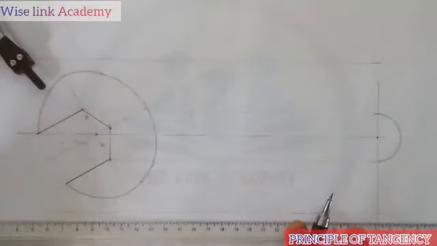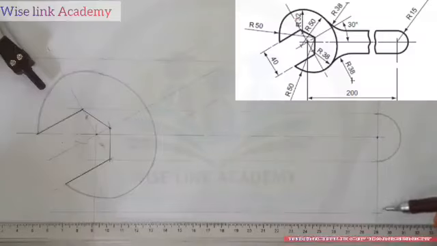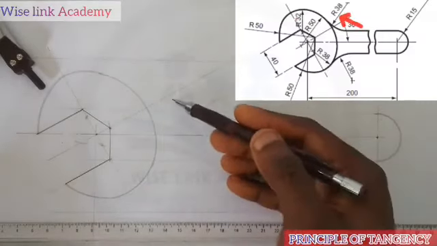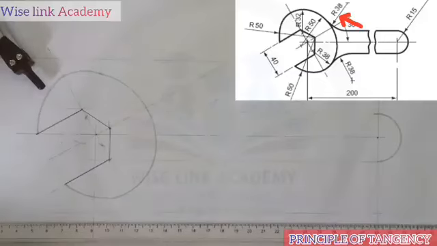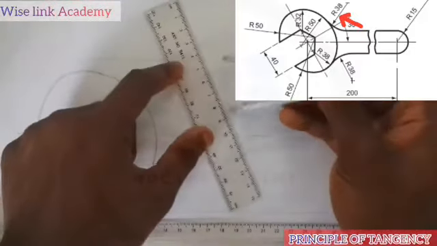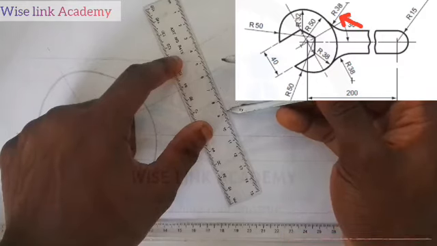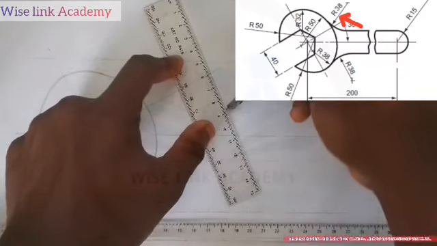So this is 38, also 38 downwards. So we said we are adding what? We are adding 38 with what? 50. So if I add 38 with 50, I will have 88. So I will measure 88 on my meter rule. From this point to this point here is 88. 88 to this point here is 88.